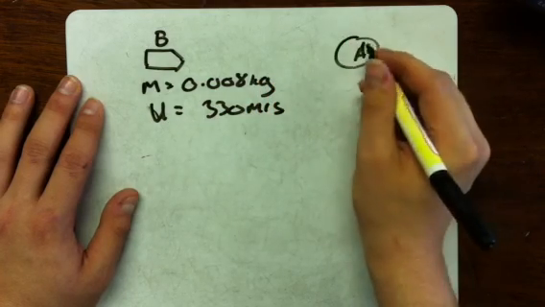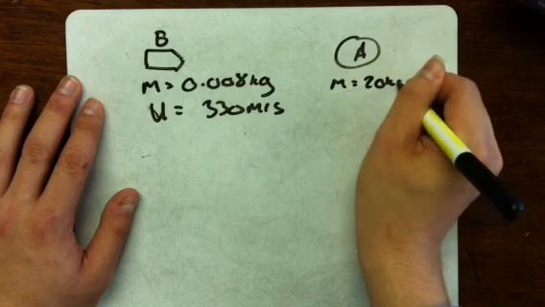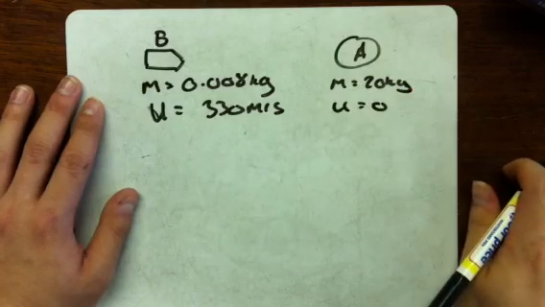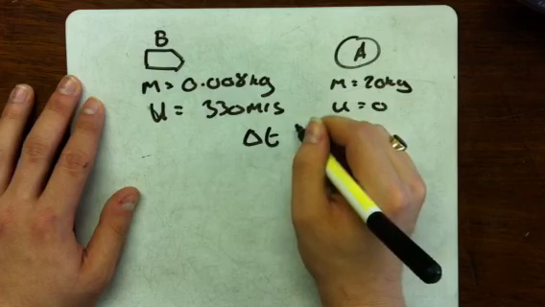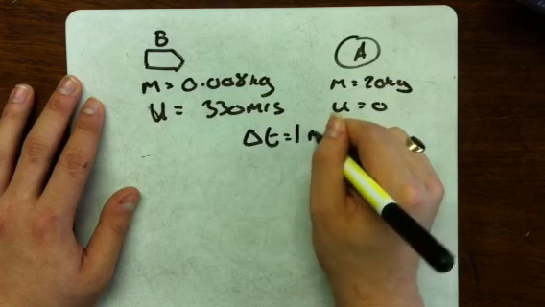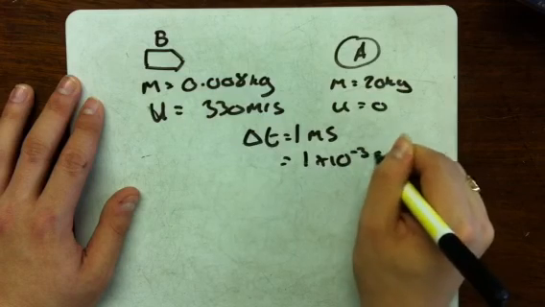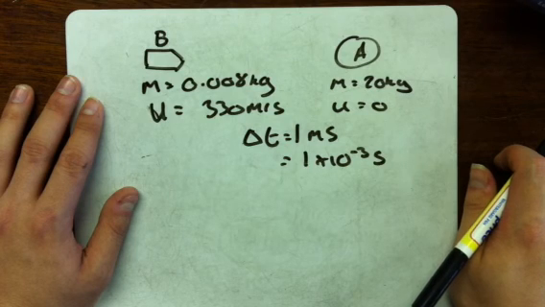It hits object A, which has a mass of 20 kilograms and no initial velocity. Now it takes 1 millisecond for the momentum to transfer, which is the same as 1 times 10 to minus 3 seconds. And that's about it really, in terms of diagram, at least for now.